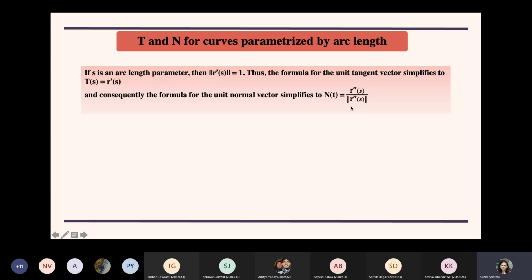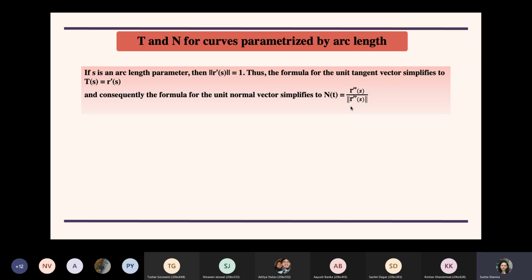In case your curve r(t) or the curve C is in terms of s now, instead of the parameter t, you have the parameter s, which is the arc length, then this is the change in the formula. For any other parameter, maybe time or angle or anything else, you will use the other expressions which we have seen, and for arc length you will use this particular expression.